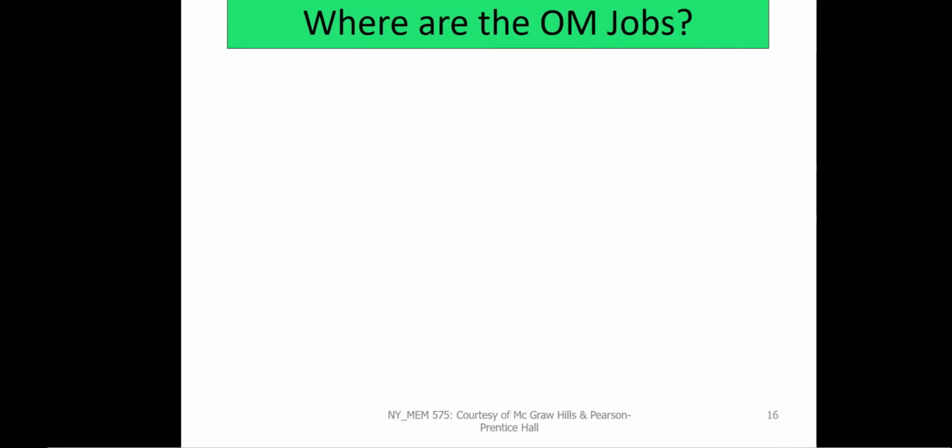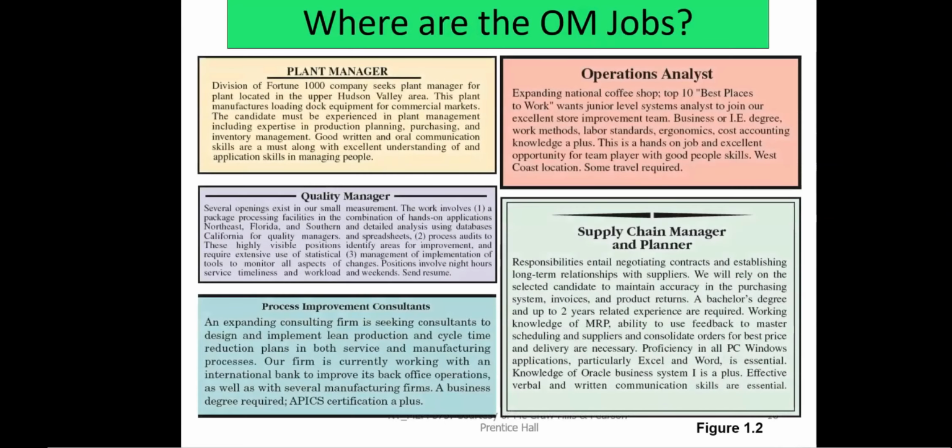Where are these operations management jobs? It can be plant engineer, quality manager, process improvement consultant, operations analyst, supply chain manager, and so on. It can be in a factory, in a bank, or in a hospital.